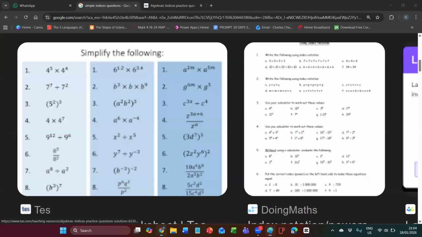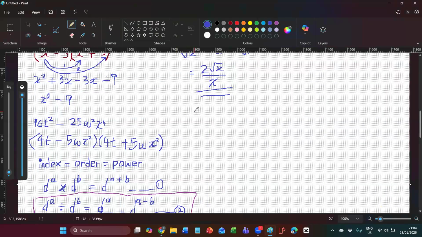The first question says 4 raised to the power of 5 times 4 raised to the power of 4. Okay, so this is just us solving things and applying the laws. Now, I want to ask you a question.